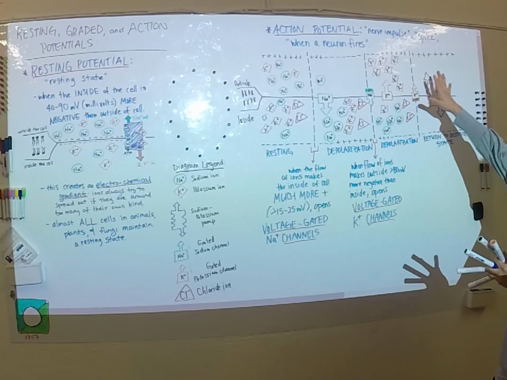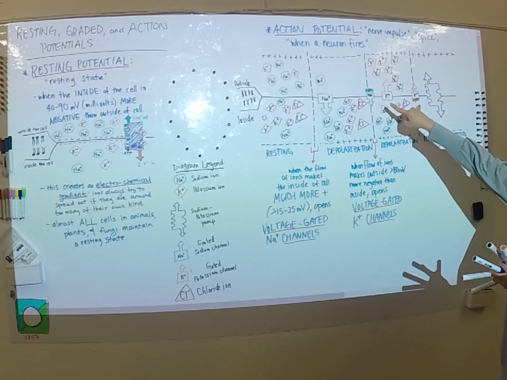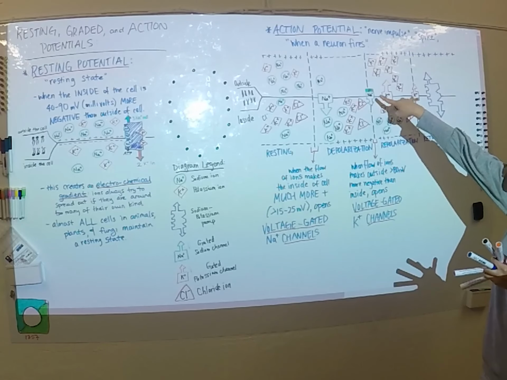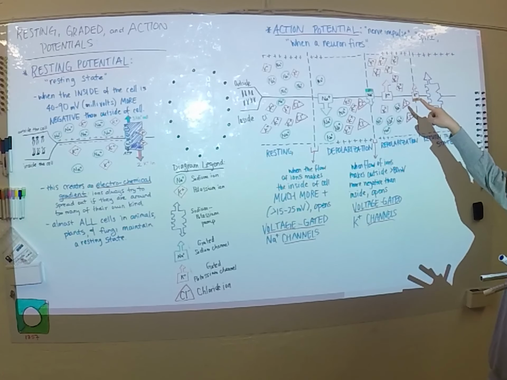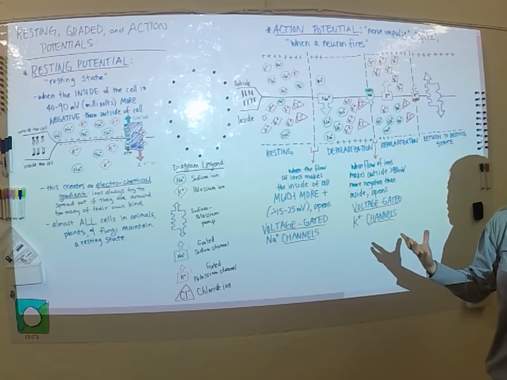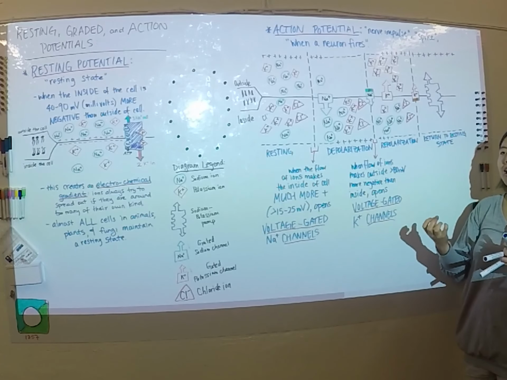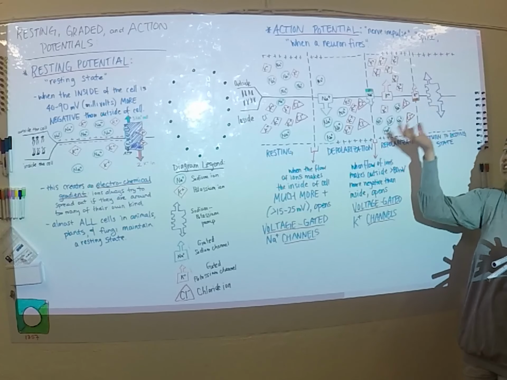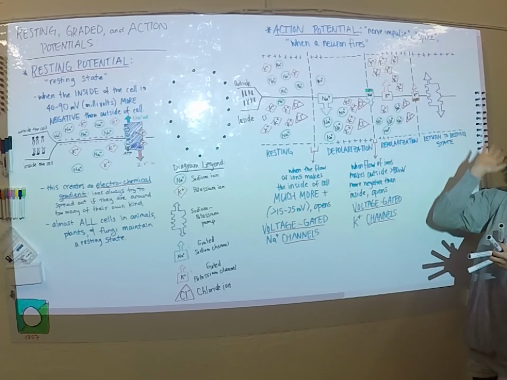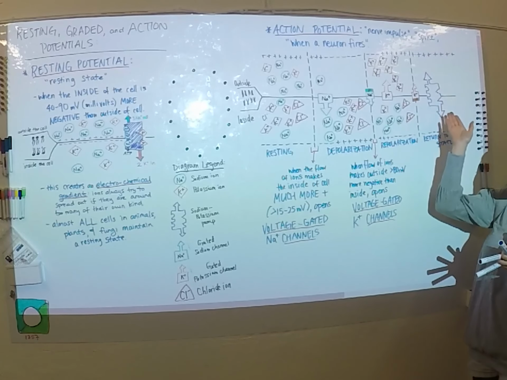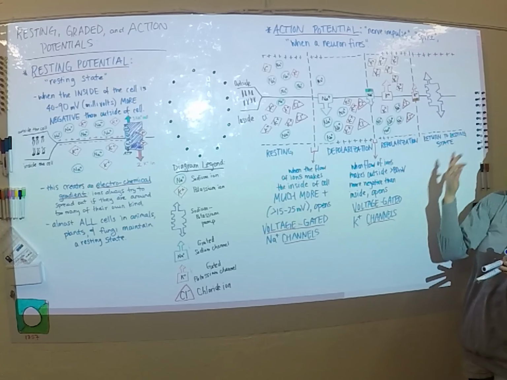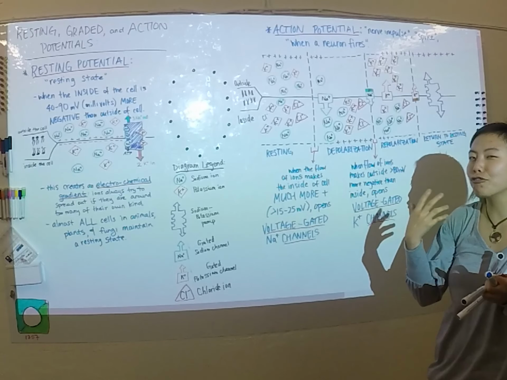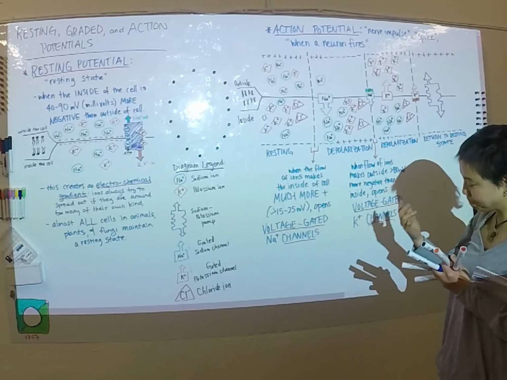Also, once this whole process happens, it still takes a while for the sodium and the potassium voltage-gated channels to become unblocked. So there's this period of time where nothing can happen really, and you're just waiting. You know, the pump is working and you're waiting for these voltage-gated channels to get unblocked. So this is called the refractory period.